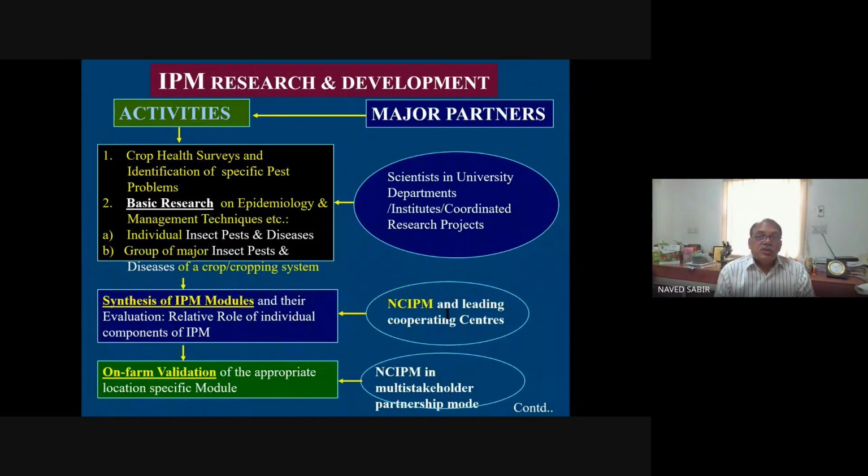So IPM research extends from total holistic system at the national level, at the farmer level, at the village level, and at the academic level for the synthesis of the modules, at the farm level for the validation of the module, at the university level, it is creation of the databases and basic methodologies, and in places like NCIPM, which is now NRI IPM, for leading the cooperating centers and developing the multi-state partnership with the state government, so that the entire nation is handling the pest at one level, and then it is at the field level.